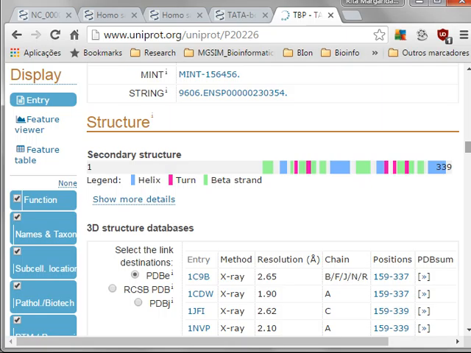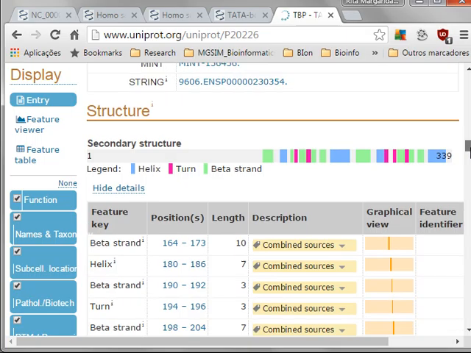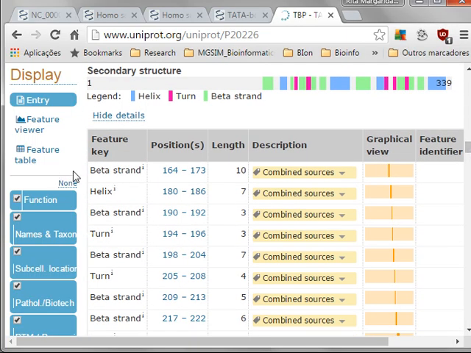Along the UniProt annotation of the protein, you always have this structure section. For secondary structure, you may access it and check the locations of beta strands and helices.